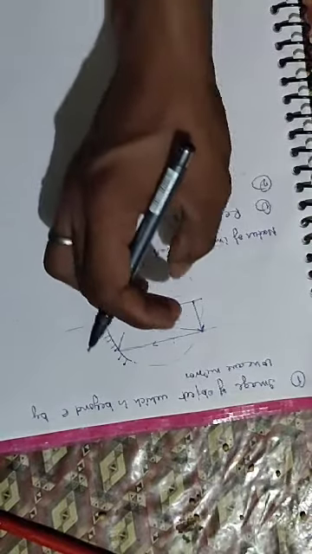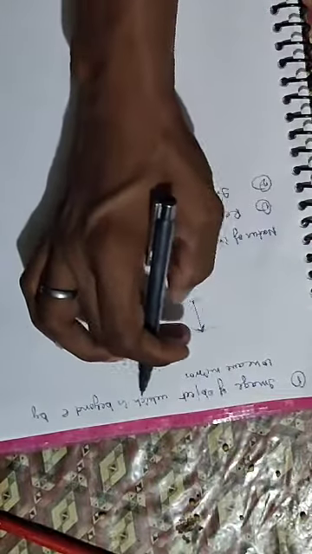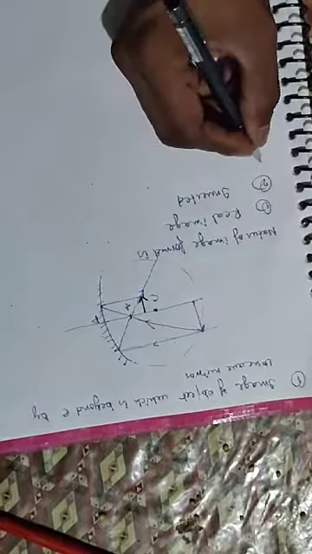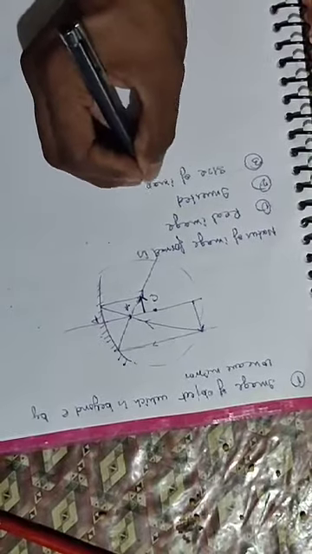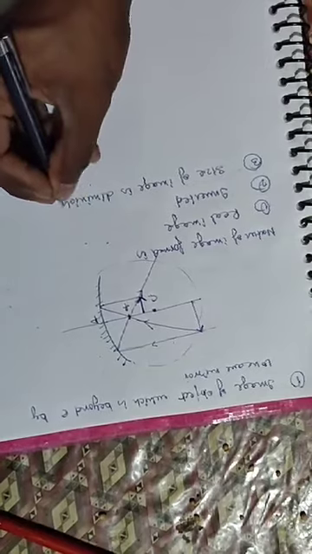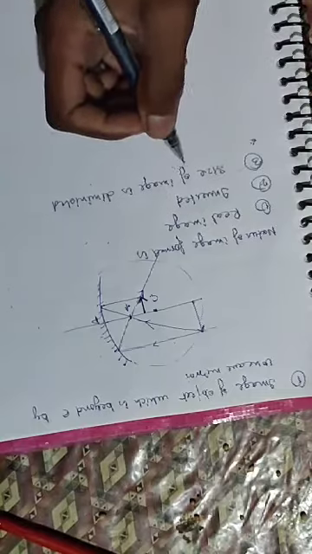From the ray diagram, I am able to see that the size of the object is larger as compared to the size of the image. So one more property I can tell, that size of image is diminished.